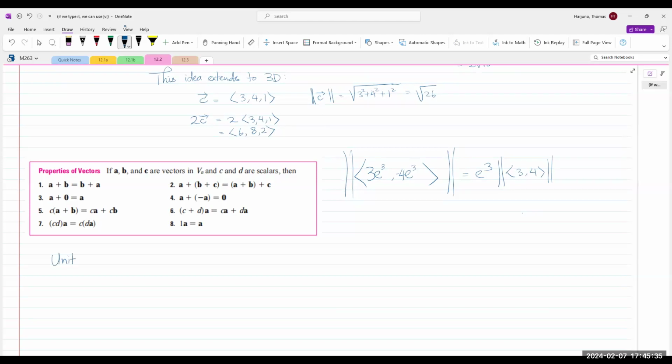The unit vector of vector v is denoted u with subscript v. It is a vector of length 1 parallel to v.